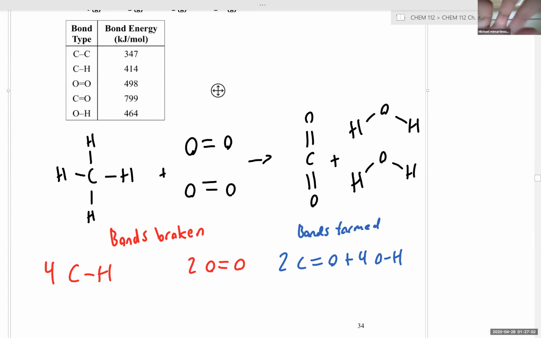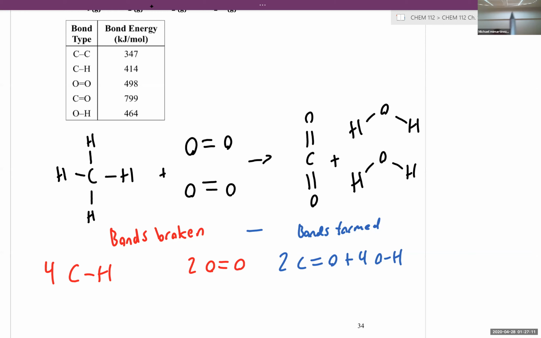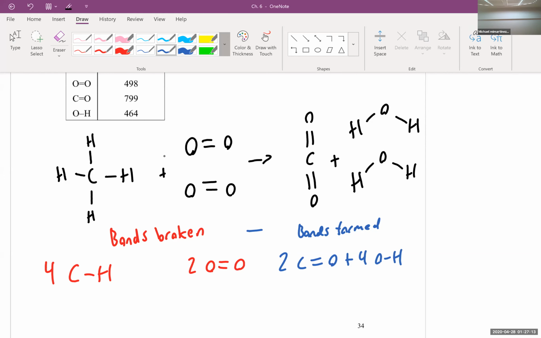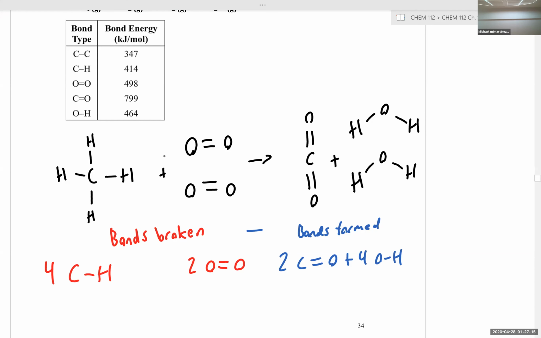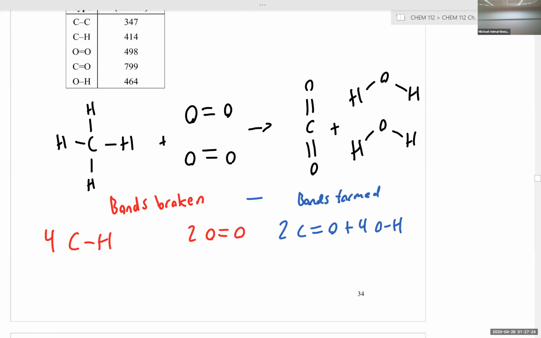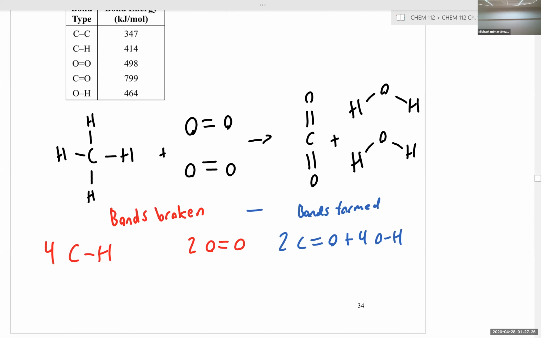So all we have to do now is take the bond dissociation enthalpy for our bonds broken minus the bonds formed. If you use Hess's law, you can prove that you can use the radical bond dissociation enthalpy even if we're describing a polar process. You can check your Chem 102 text for that. So let's just plug in some values.